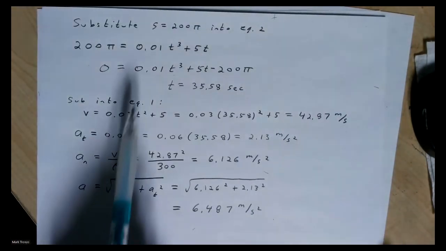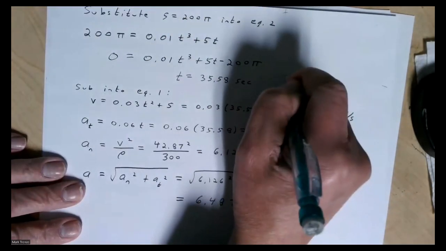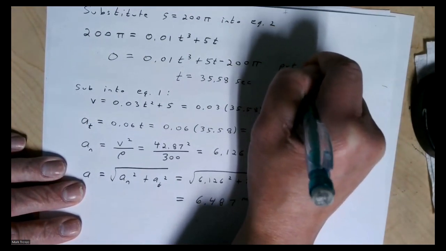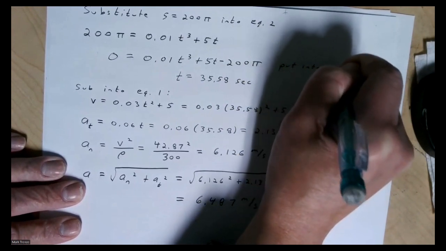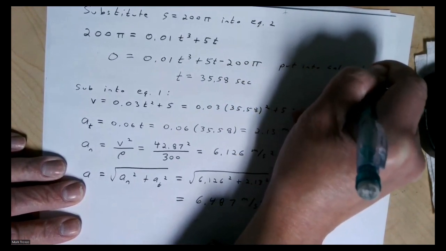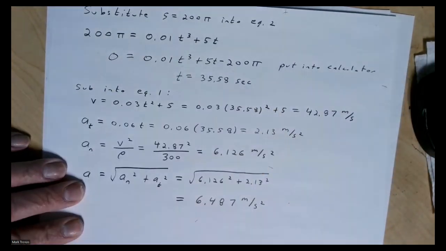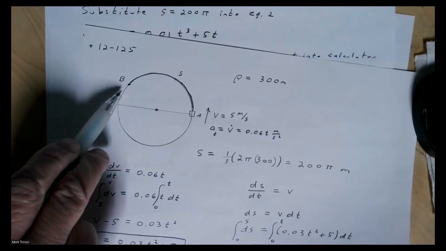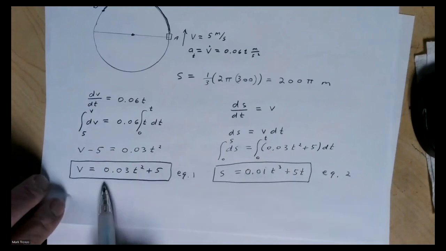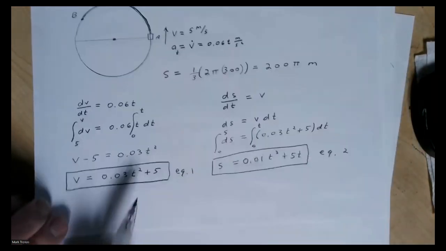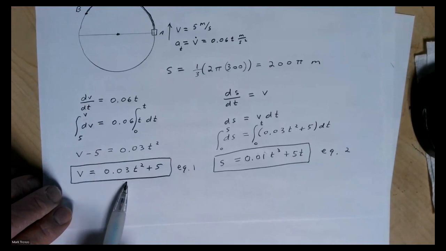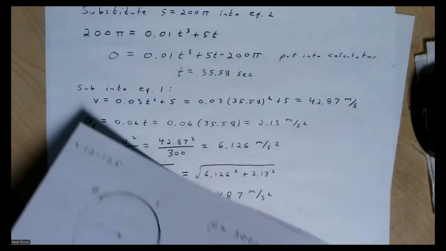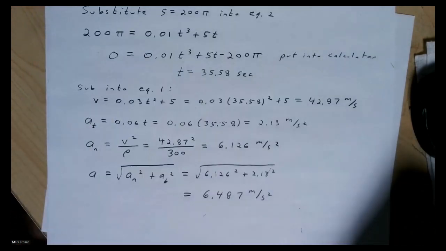That point we call B. So we plugged it in there, put it into the calculator, plotted it, and found that. And once we found the time at which we got to point B, then we could use that time along with the equations we were given up here to find the velocity and the acceleration.